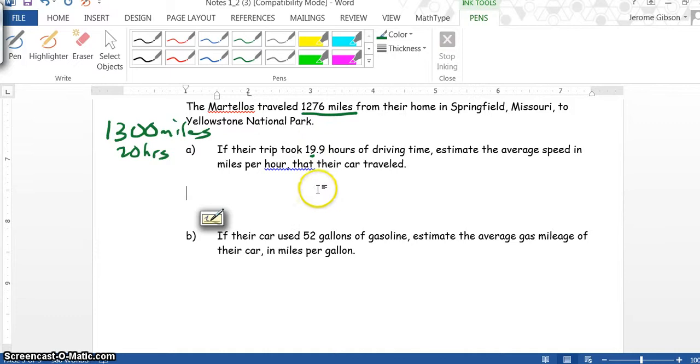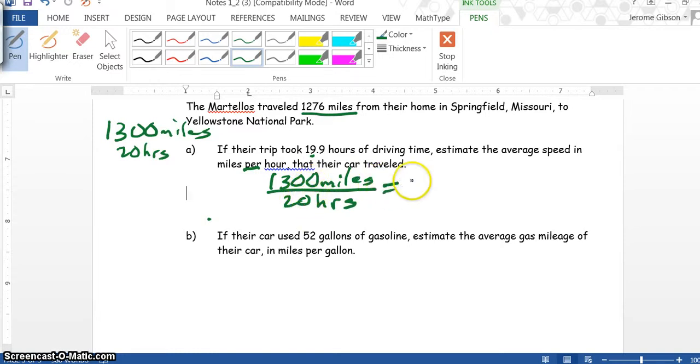So now, this is what we would need to do. We would have 1,300 miles divided by 20 hours, because it's miles per hour. The word per means division. 1,300 divided by 20 will give us 150 miles per hour.